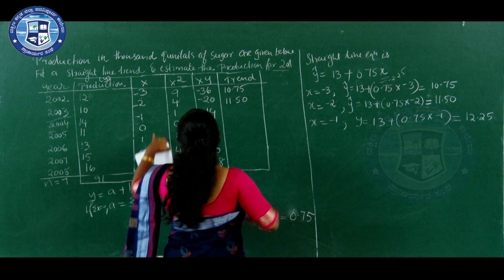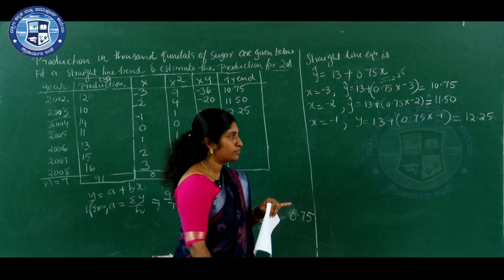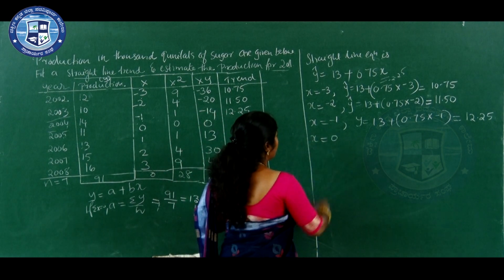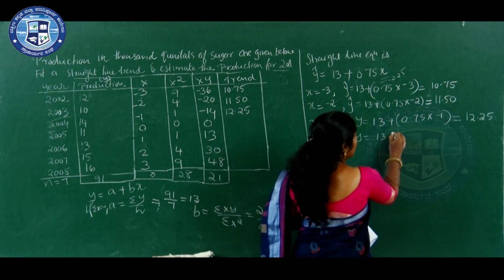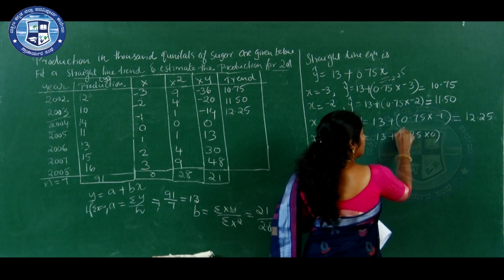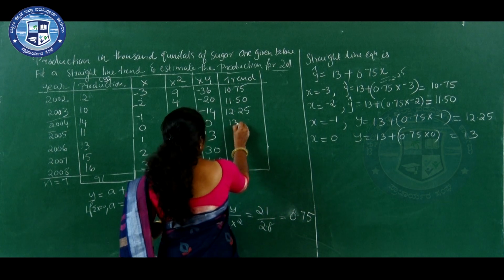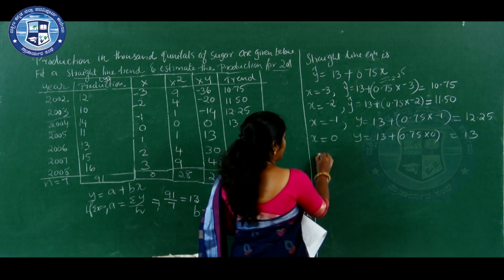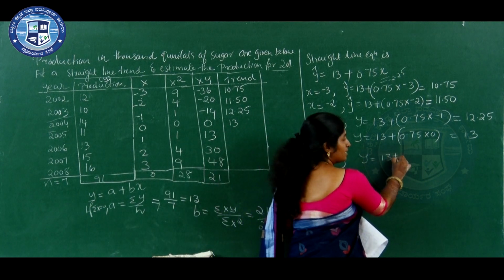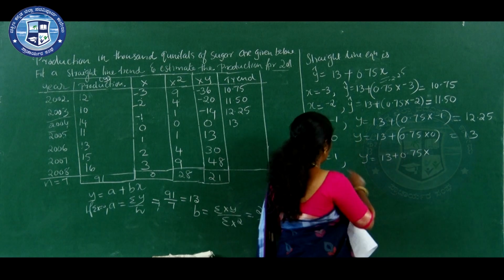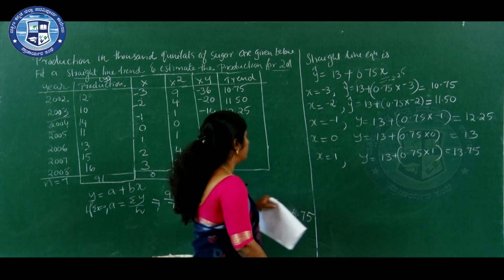For x equal to 0, y is 13 plus 0.75 into 0, that is 13. For x equal to 1, y is 13 plus 0.75 into 1, that is 13.75.